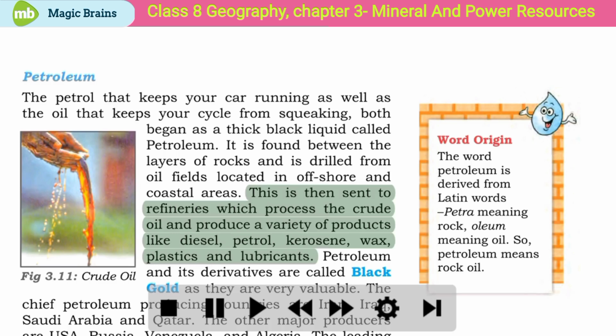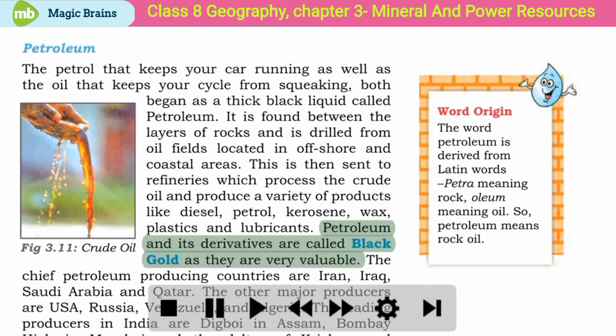This is then sent to refineries which process the crude oil and produce a variety of products like diesel, petrol, kerosene, wax, plastics, and lubricants. Petroleum and its derivatives are called black gold as they are very valuable.